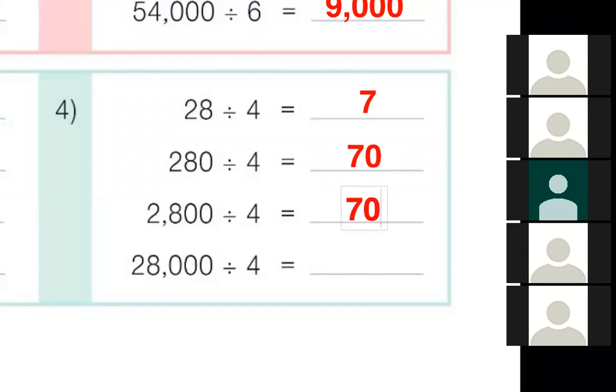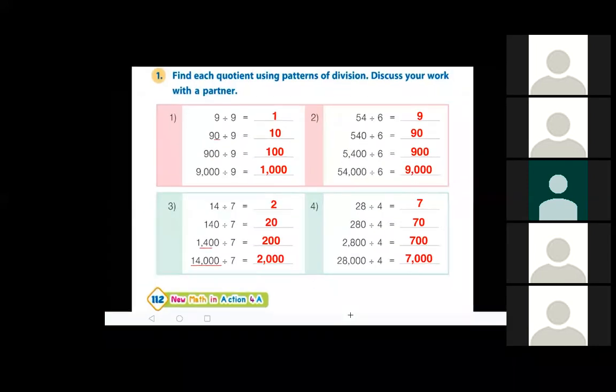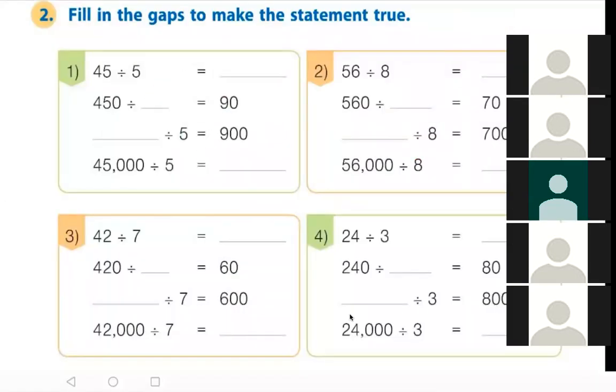And the next one, Niall? 28,000 divided by 4 is 7,000. Perfect. Good job, Niall. So 7,000. That's right. Because last year we learned division with you, and we know how to read the numbers. We know everything. I like it so much.